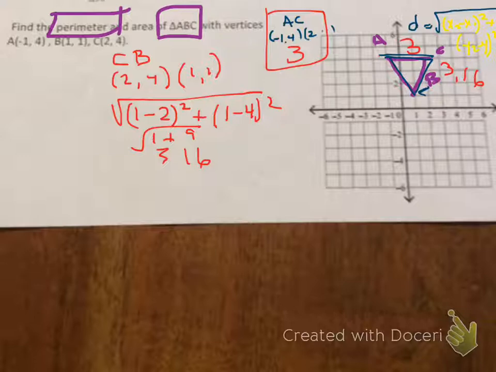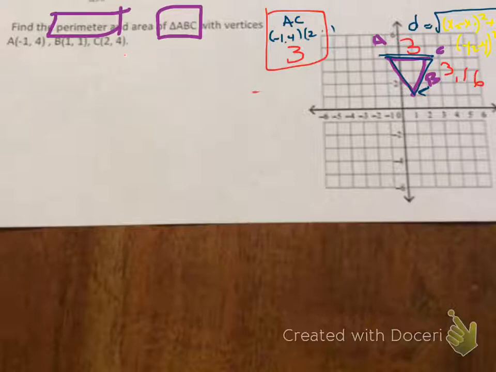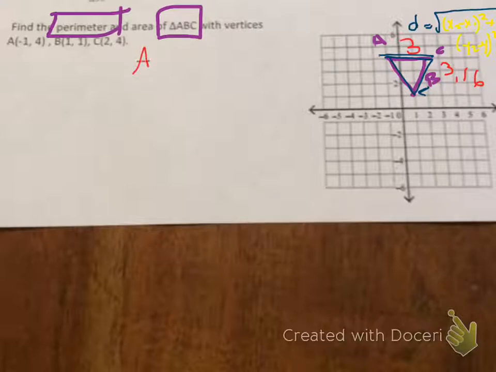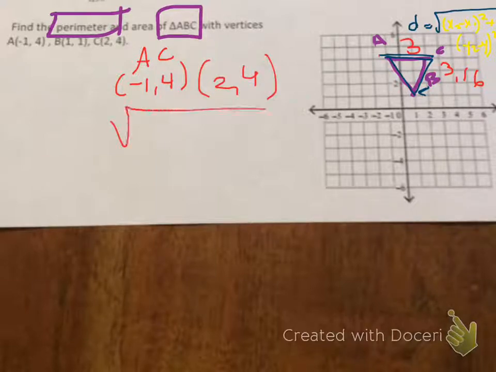Okay. All right, I'm going to erase my work here for that so that I have some more space to work. And I've been writing my answers over there on the other side, so I should be good. Okay, now I'm finding the distance from A to C. So A's ordered pair is -1, 4, and C's ordered pair is 2, 4, and I'm plugging it through the distance formula.